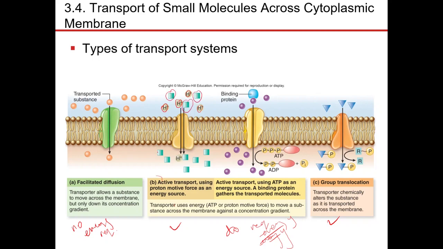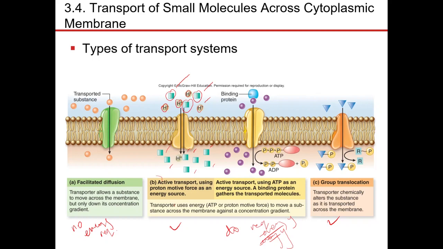So if you look at the green boxes, there are fewer green boxes on the outside than inside, right? On the outside, if you look at this cartoon, there are only 3 green boxes. But if you look inside the cell, you have 1, 2, 3, 4, 5, 6, 7. So if you want to bring the green boxes into the cell, this is going to be difficult because the concentration is actually lower outside than inside.